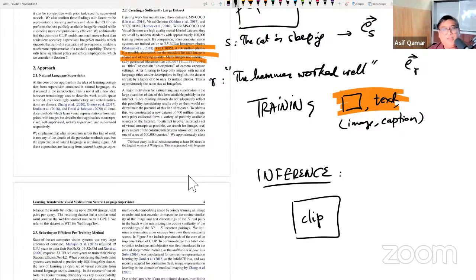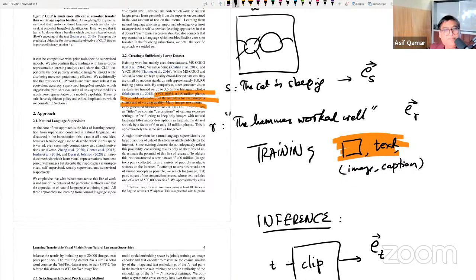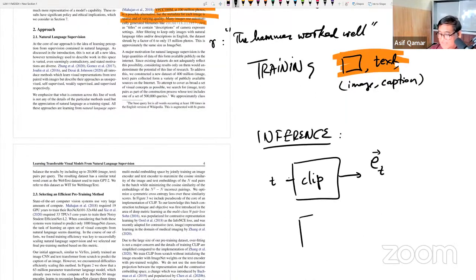What does it do? You can give it a text and it will create a vector out of that. Let me call this T. It doesn't care. You give it a text, it will create a vector. You give it an image, I, it will create a vector E_I. At the end of it, what you get is a vector. You don't have to give it jointly. In fact, if you remember, when we did search, what did we do?